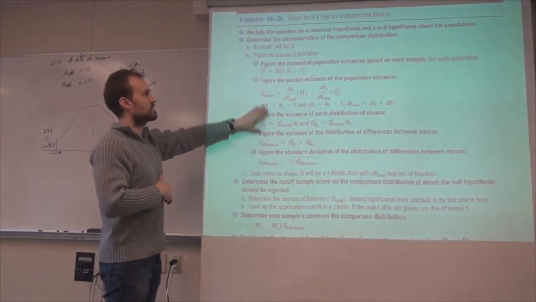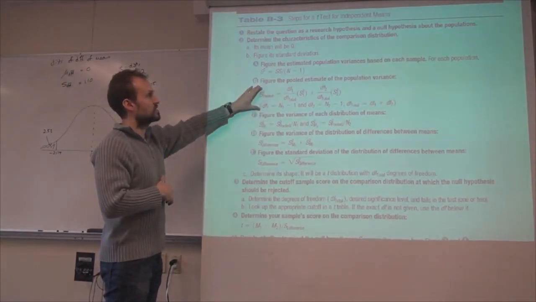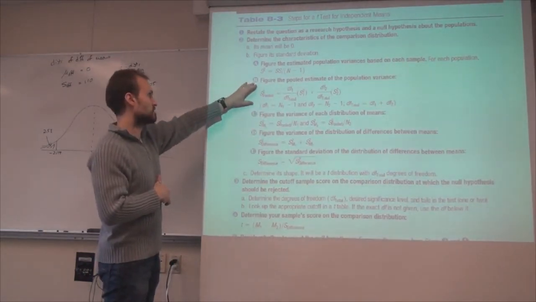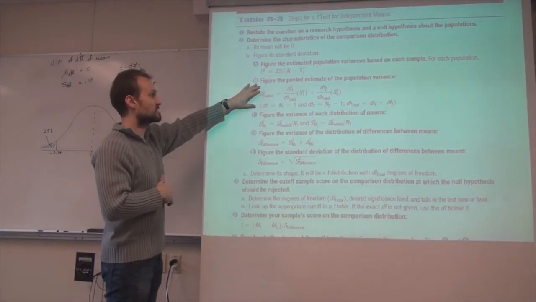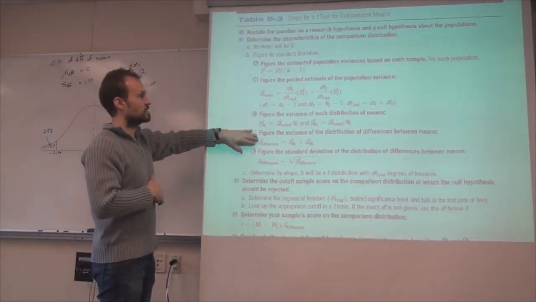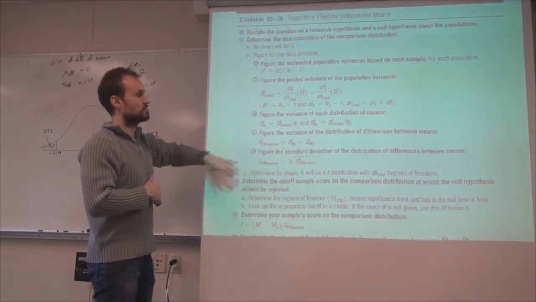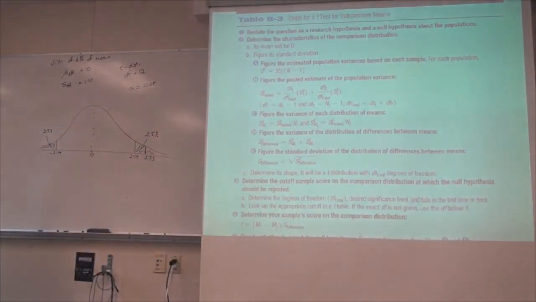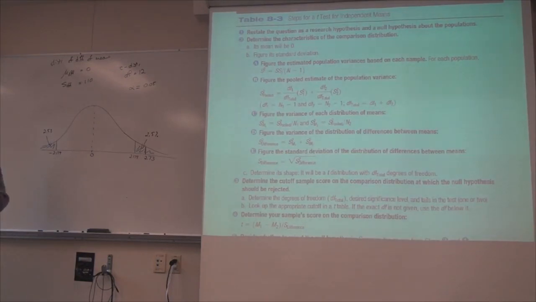However, you need to look at this weighted average: the weighted average for the population estimate, then the individual ones, combine them, square root for the actual standard deviation. Everything else is the same. Any questions on this? By way of examples, it'll get easier with time.